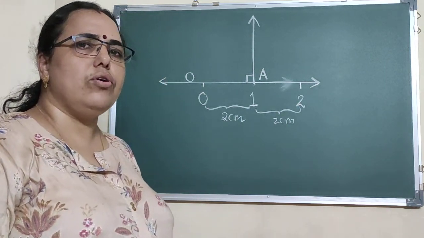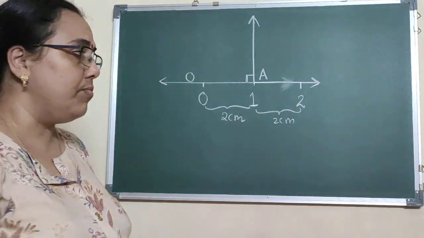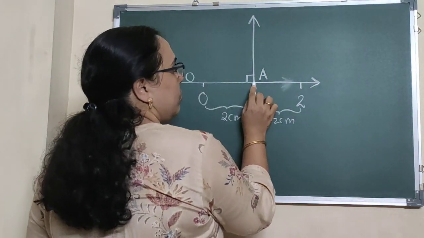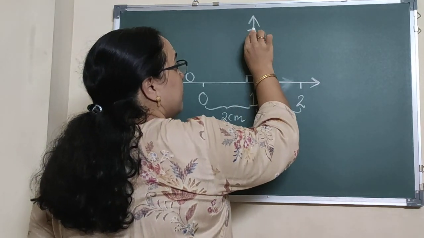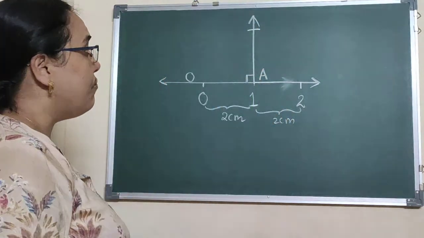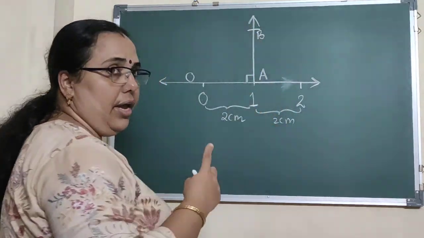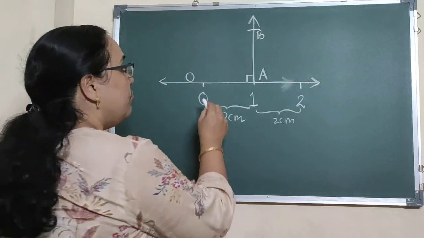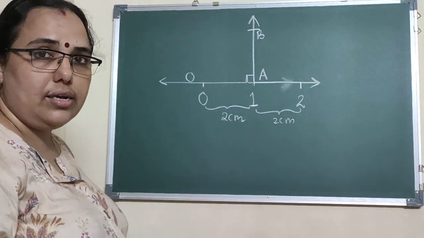Whichever is easier for you, you can adopt that method and show the perpendicular. Is that clear? Whatever is this 1 unit, same you will take on this. That means if I am marking a point B on this ray, then it has to be OA is equal to AB. Is that very clear?